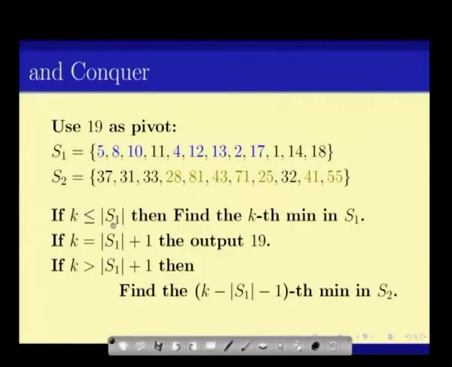So, we do not have to look at S2 at all. Therefore, if k is less than the size of S1, then we can just recursively call finding the kth minimum in S1.